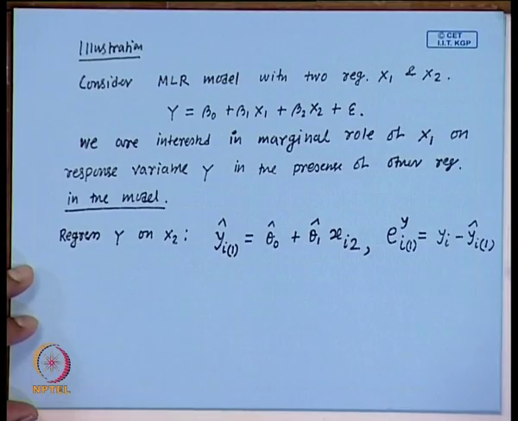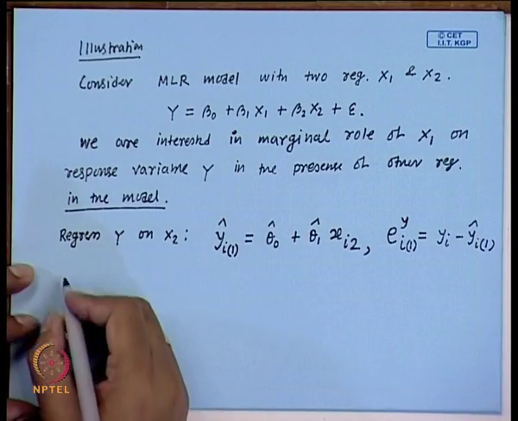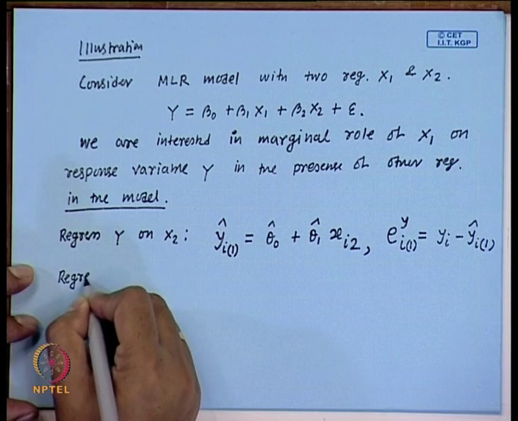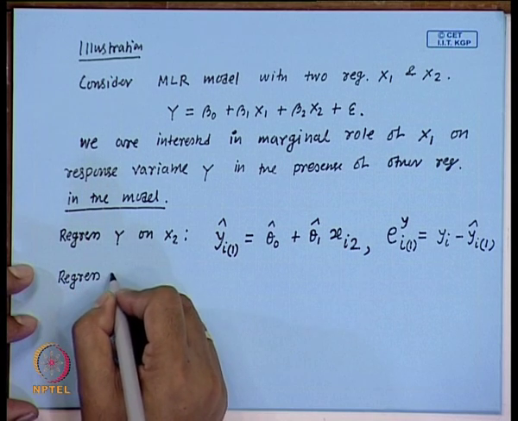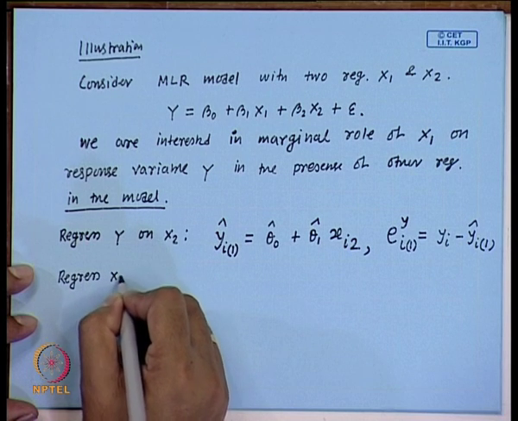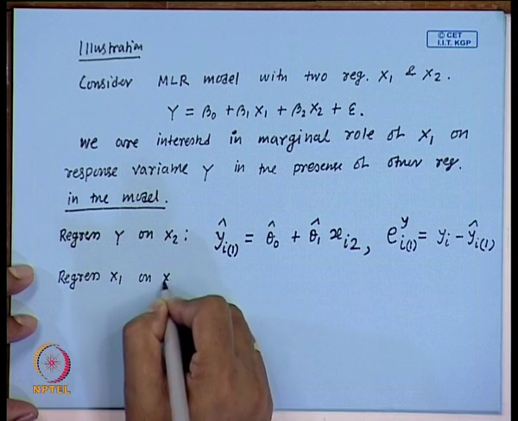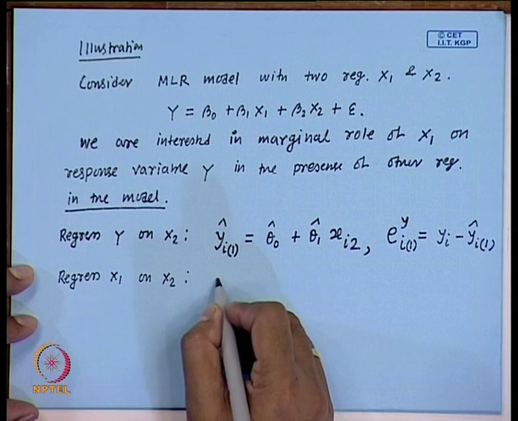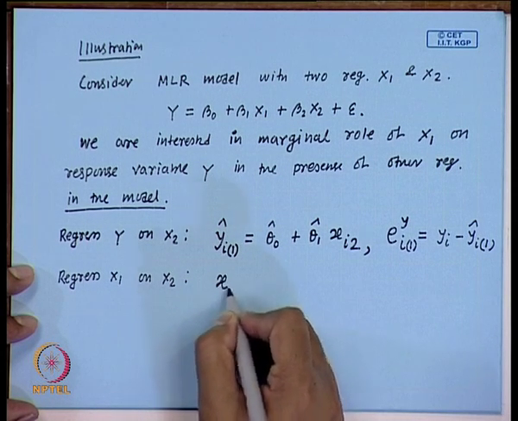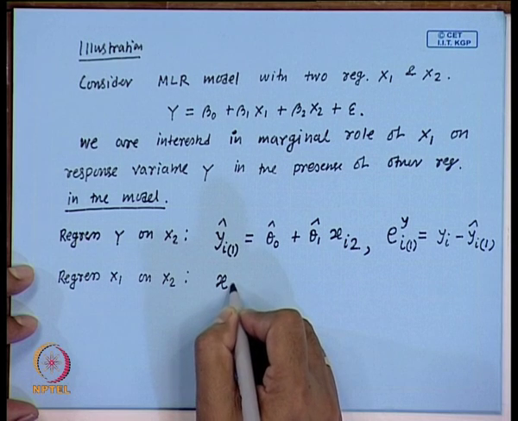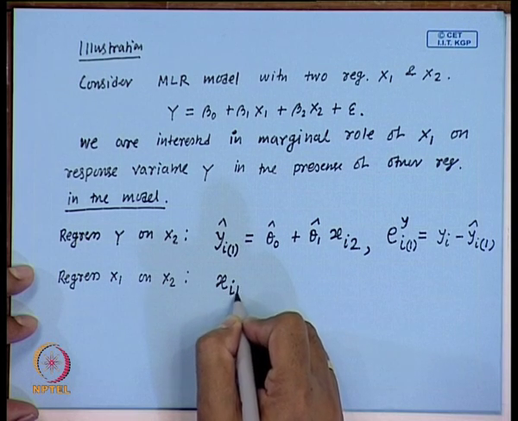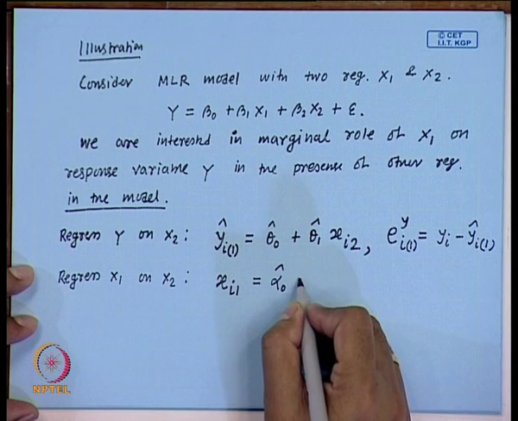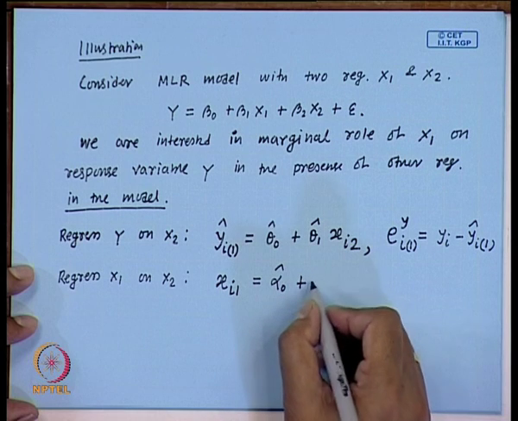So, here also I will regress x1 on x2, and suppose my fitted model is x_i1 hat equal to alpha naught hat plus alpha 1 hat x_i2, a simple linear regression model.